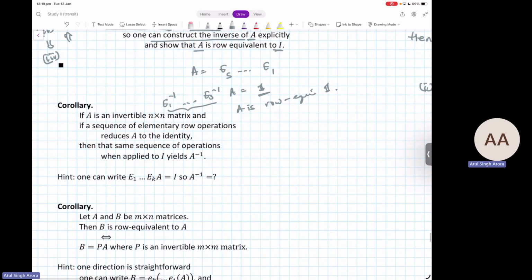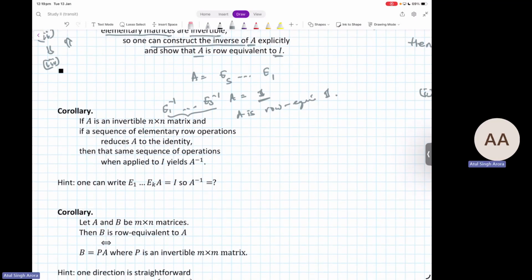Okay, so let's move on. The corollary here is the following. If A is an invertible n cross n matrix, and if a sequence of row operations reduces A to identity, then the same sequence of operations, when applied to identity, gives you A inverse. This I'm going to leave as a homework exercise.